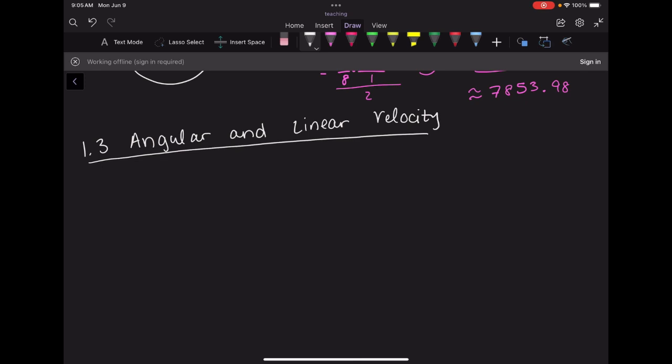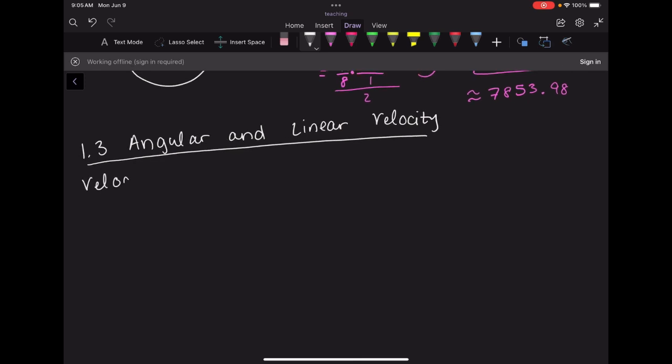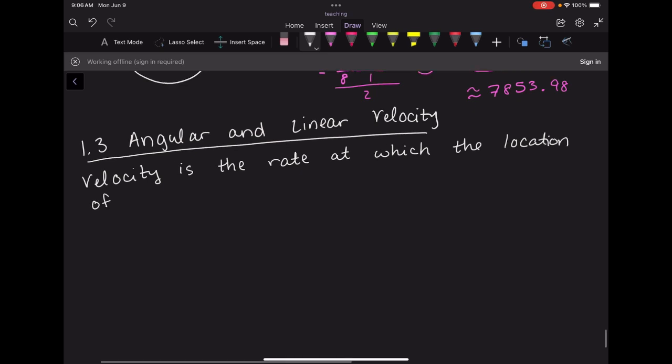So in general, velocity is the rate at which the location of an object is changing with respect to time.